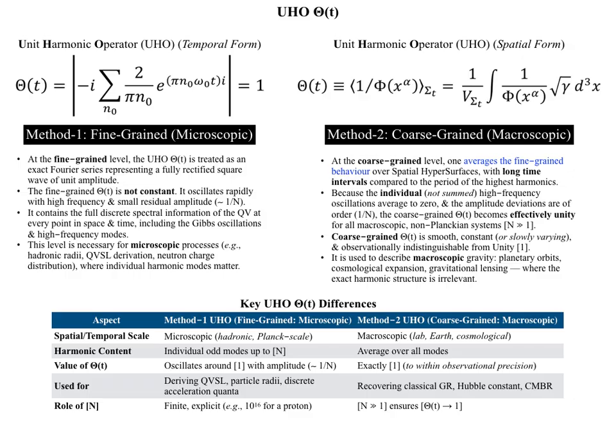In method 1, the unit harmonic operator relates to a single point. It's inserted directly into Einstein's equations, then later used to break gravity into tiny steps. That is, gravitational acceleration is quantized. In method 2, the unit harmonic operator is spread over a volume. We first define a scalar condensate, which represents local vacuum activity, then average its inverse over space and time.